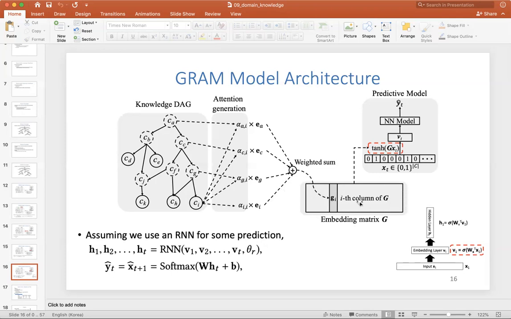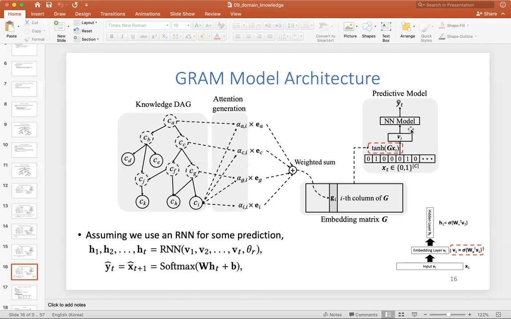So the only thing that we did on the surface is we just replaced the embedding matrix from W to G. But now G was constructed based on the disease code hierarchy. So it has domain knowledge injected into the embedding matrix. That's the only difference.